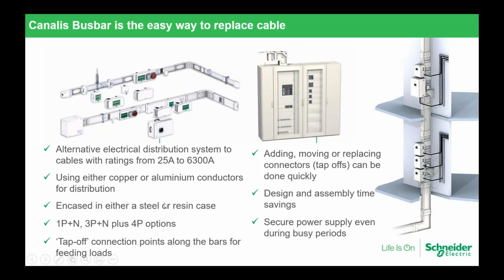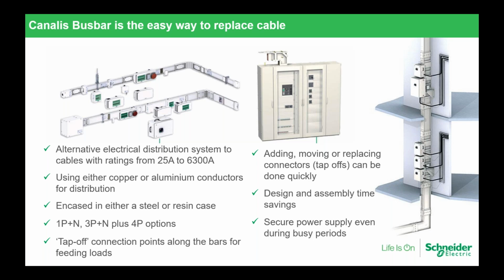So to conclude this introduction on what a bus bar means and where we can use a bus bar, I think this slide will cover and highlight a lot of the advantages and features that we have with our Canalis bus bar offer.